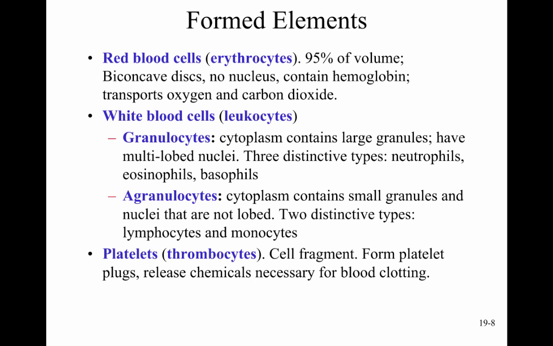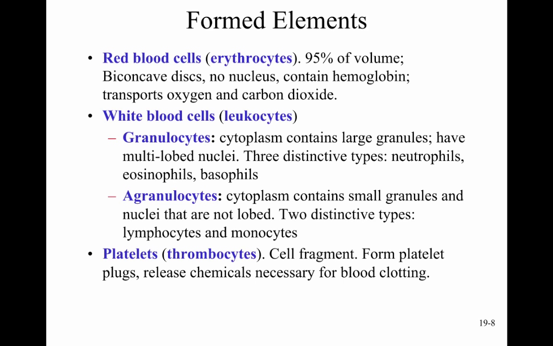Okay, the formed elements: there are red blood cells, white blood cells, and platelets. Red blood cells are called erythrocytes. The prefix erythro means red, and cytes means cell, so you have red blood cells. Most of the formed elements are red blood cells. They are biconcave discs, meaning on each side they're indented. It looks kind of like a breath mint, a lifesaver type thing where it's indented in the middle.